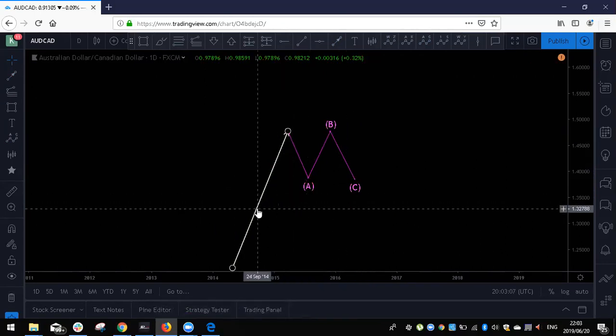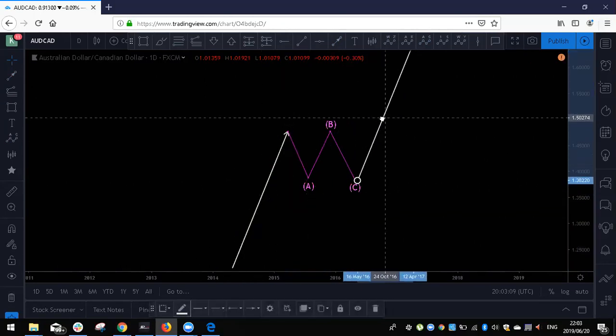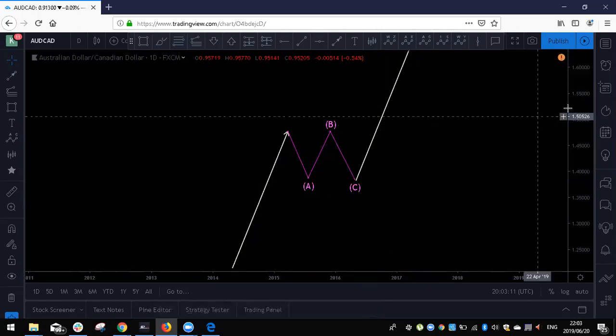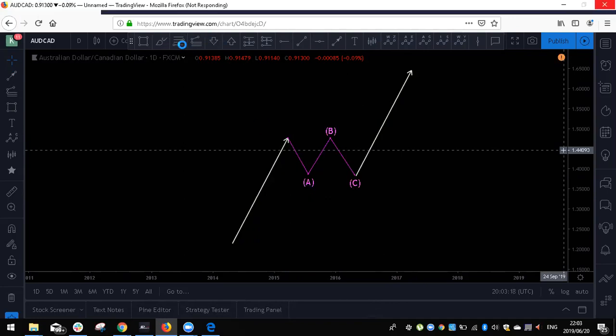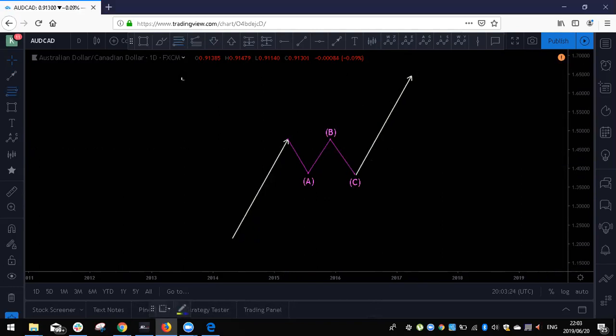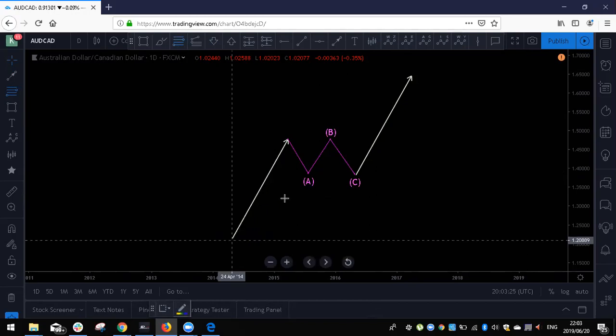Then you're expecting to get this move. The problem with the flat correction is that it never comes to 38.2 and 61.8. You saw that buy zone that I drew.